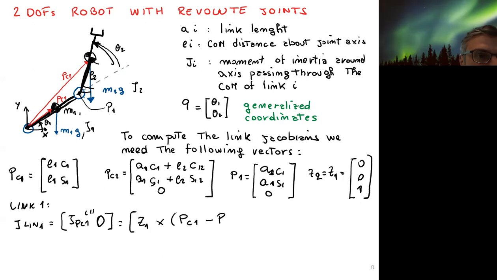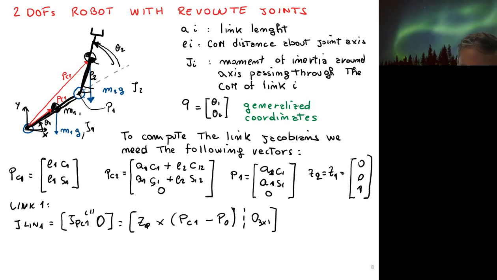Link 1 frame is here, wherever the 0 frame is located, so we can put 0 here, and we have a column of zeros in here, and this p_0 is just 0, 0, 0.